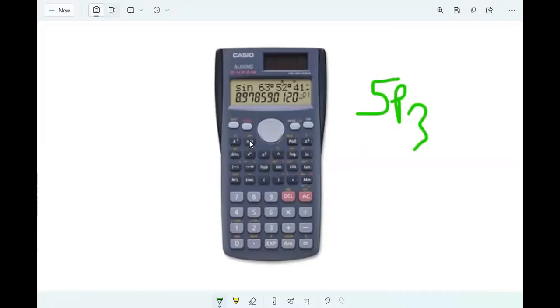Permutation is hidden, so you have to press shift and nCr, then permutation 3, then equals. You're going to get your answer. What answer are you getting? Ideally, you need to get the same answer, which is 60.